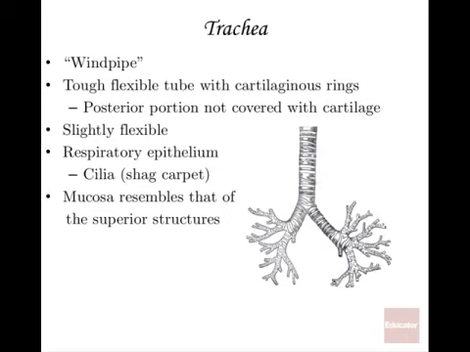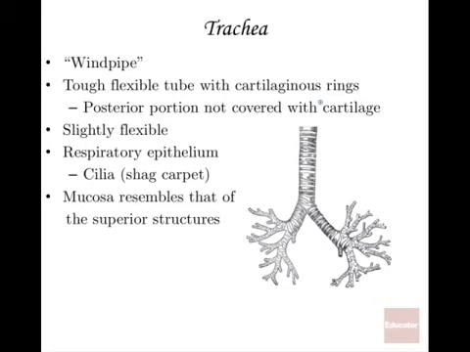Those cartilaginous rings are kind of C-shaped, but pointing this way, because the posterior or back portion is really not covered with cartilage in the sense that the anterior portion is. And the reason behind that is, if you remember from the previous slide, the esophagus is behind it. The esophagus is that food tube or liquid tube that's posterior to this.